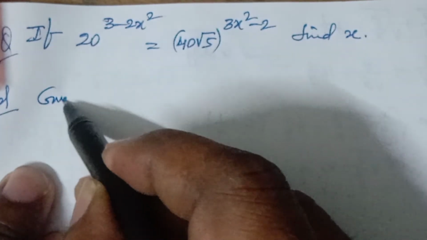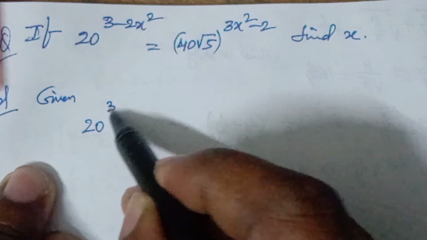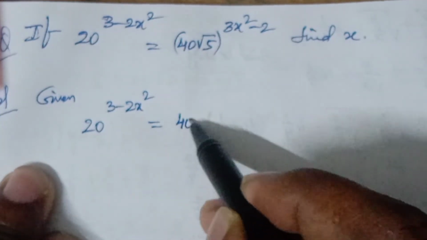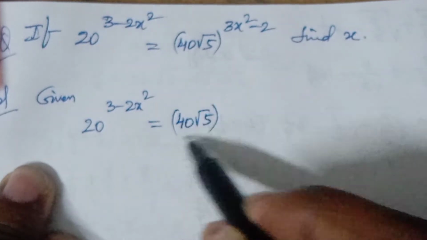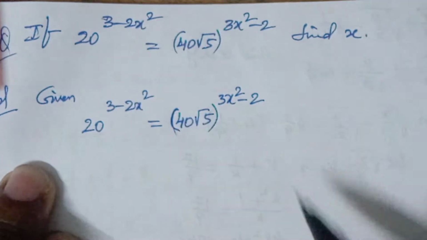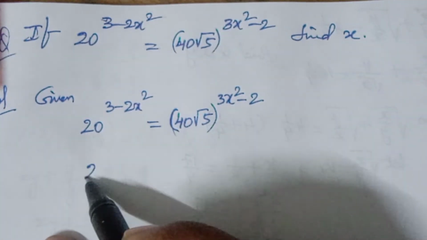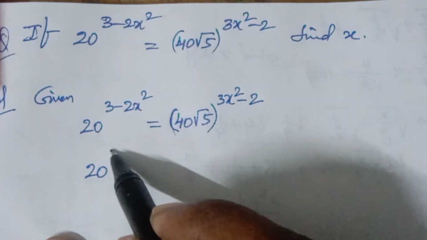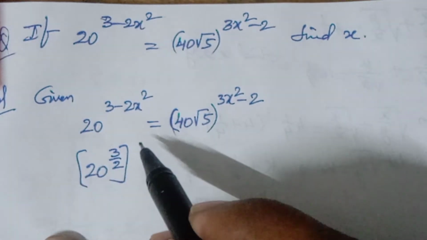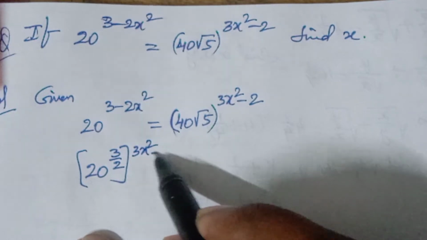So what is given? 20 to the power of (3 minus 2x square) is equal to 40 root 5 to the power of (3x square minus 2). So here I am writing this step: 20 to the power of 3 by 2, whole to the power of (3x square minus 2).